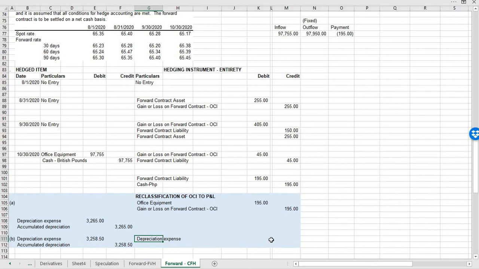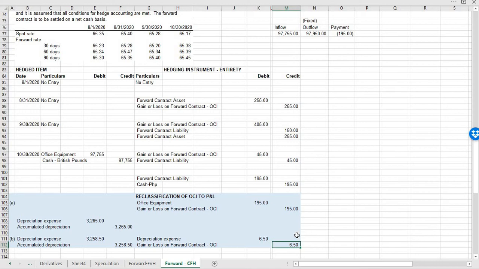So, para din siya nagko-compute ng depreciation expense. So, 195 pesos divided by 5 years times 2 months divided by 12 months. That is 6.50 pesos. So, yan ang ating ni-reclassify from OCI to P&L. At credit tayo ng gain or loss on forward contract, OCI, also at 6.50 pesos.